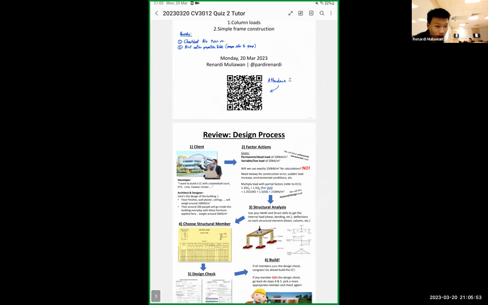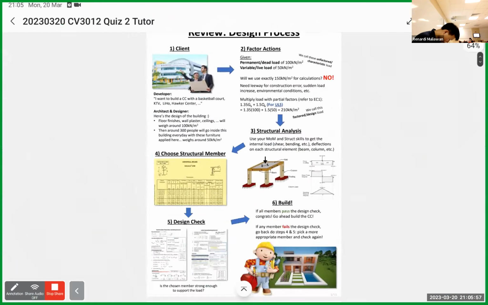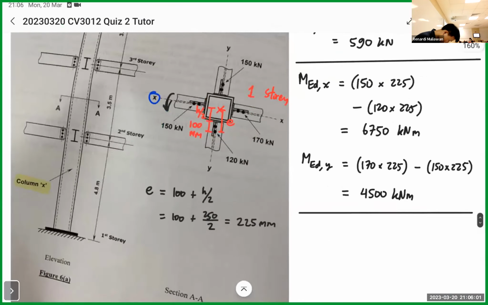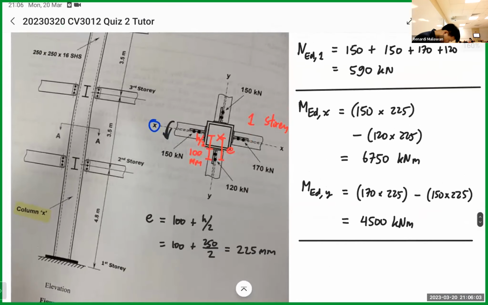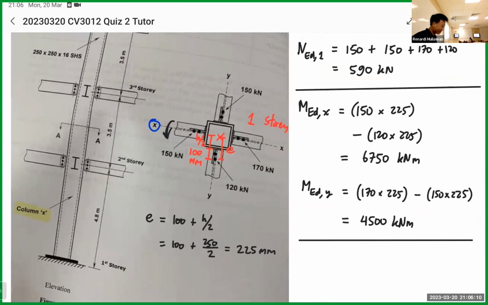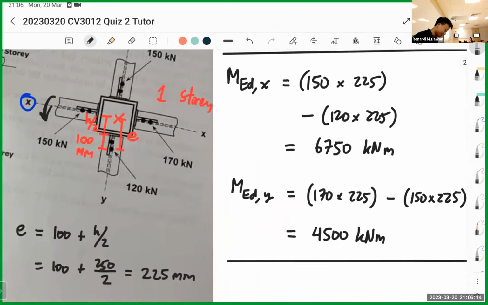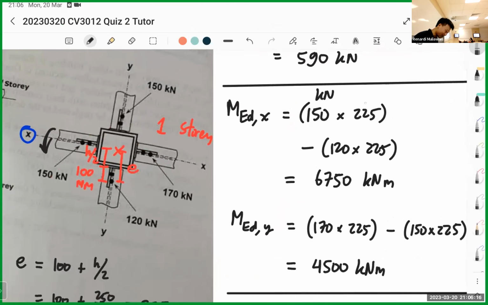Yes, and it's times 10 to the power of -3. Oh my gosh, thanks. Okay, shoot, I found a mistake. This is kilonewtons, this is millimeters, so this thing is Newton meters.